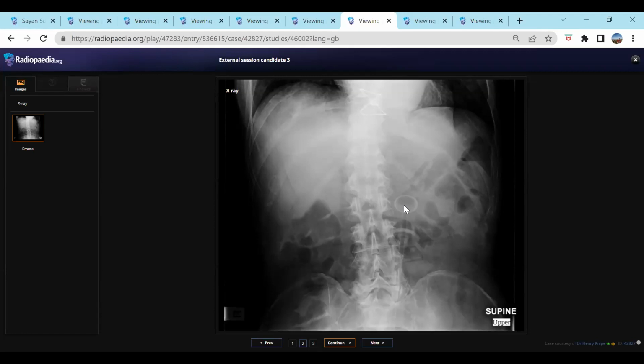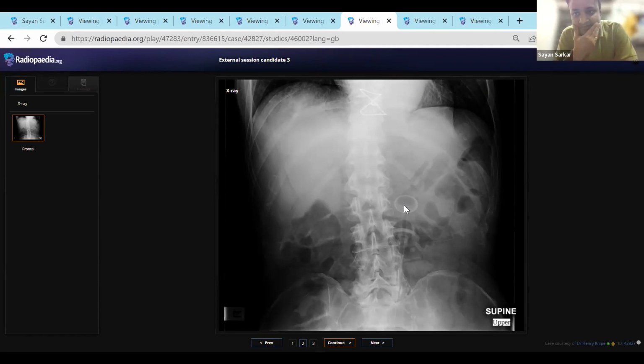Right. So what are the common conditions where you can get a PEG tube inserted? It's usually given for enteral feeding. In a patient, I mean, what kind of a patient? In a patient who's not able to take orally. Yeah, that is obvious. What I'm trying to say is, what are the conditions where this can occur? I'm not sure. I mean, what are the common instances where you need a PEG tube?